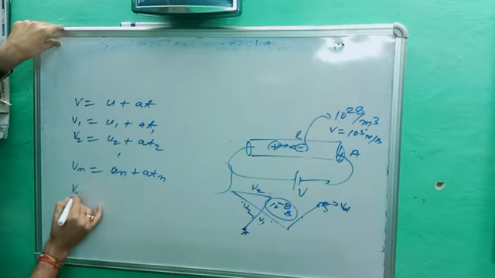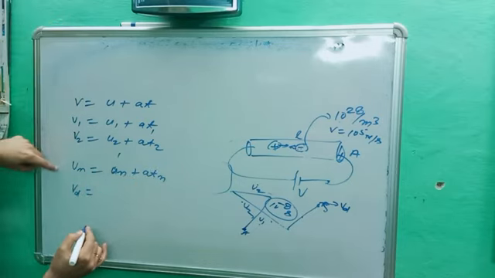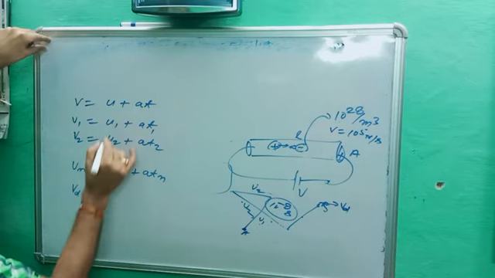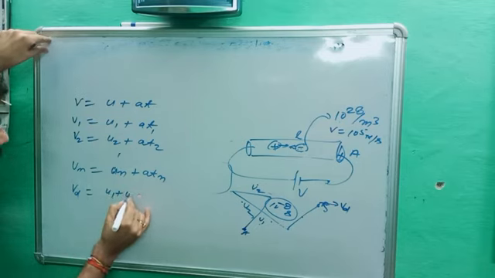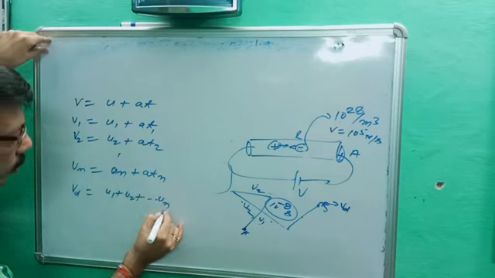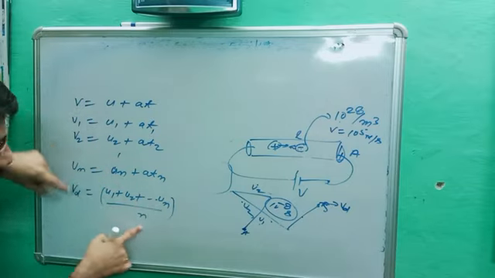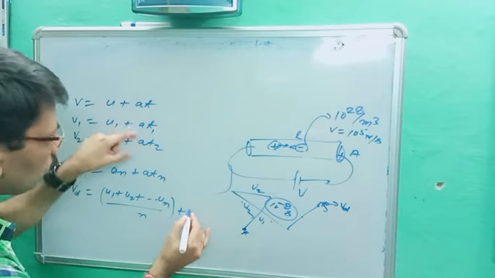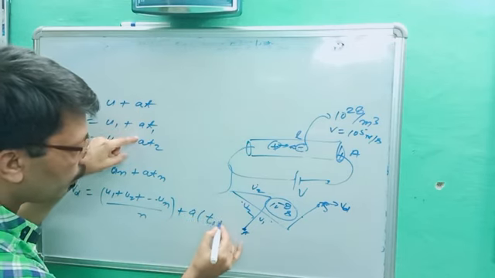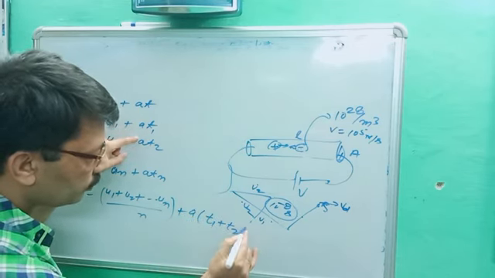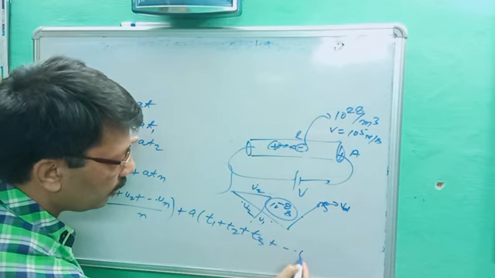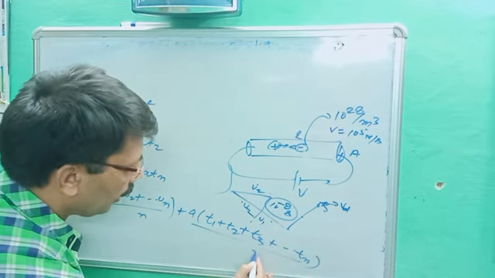So what is drift velocity? Vd is equal to V1 plus V2 plus V3 plus so on. So you will get U1 plus U2 plus so on, Un upon n, plus A is common, inside T1 plus T2 plus T3 plus so on, Tn upon n.